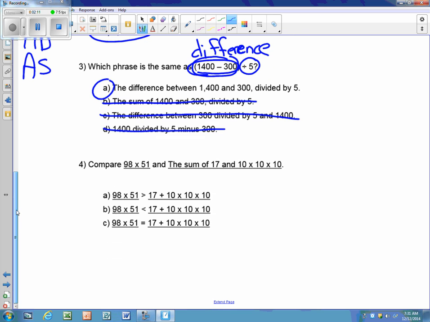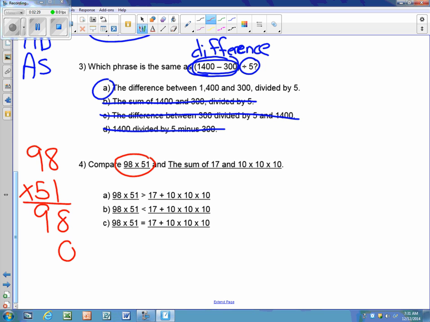When I look at number 4, I can do this a bunch of ways. I can try to estimate, or I can actually solve each of the expressions. So if I want to solve 98 times 51, I can go over on the side and solve 98 times 51. And I get 4,998.